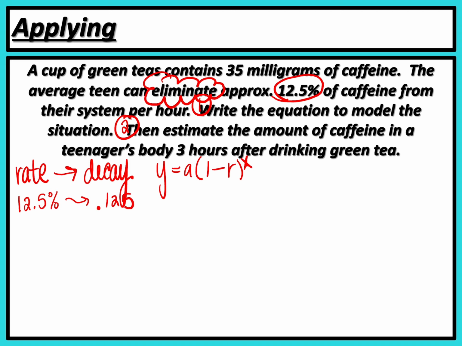Okay, now I have to figure out, so this is my R, I have to figure out, well, what is my initial value? So a cup of green tea contains 35 milligrams. Well, that's the only other value that's left in the problem. And that's where it starts. Okay, so that's my A value.